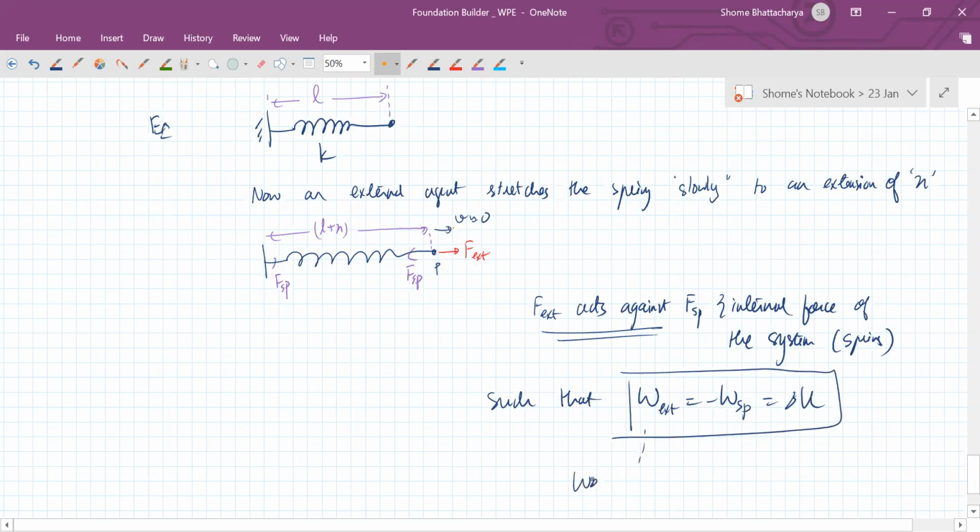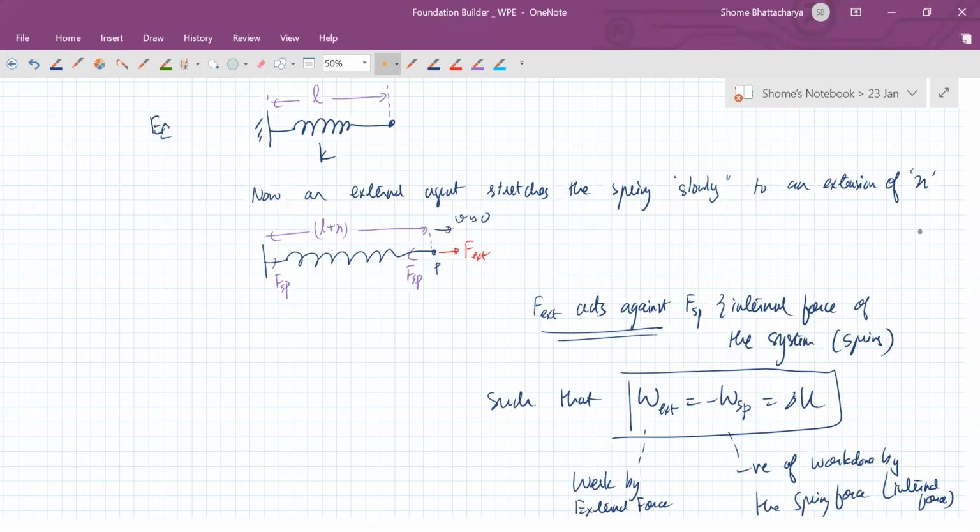That is, the work done by the external force is equal to negative of the work done by the spring force, which is in this case the internal force, and that is equal to the change in potential energy. So this is what we mean by the above statement, that delta U is the work done by the external agent against the internal force of the system to change its configuration.